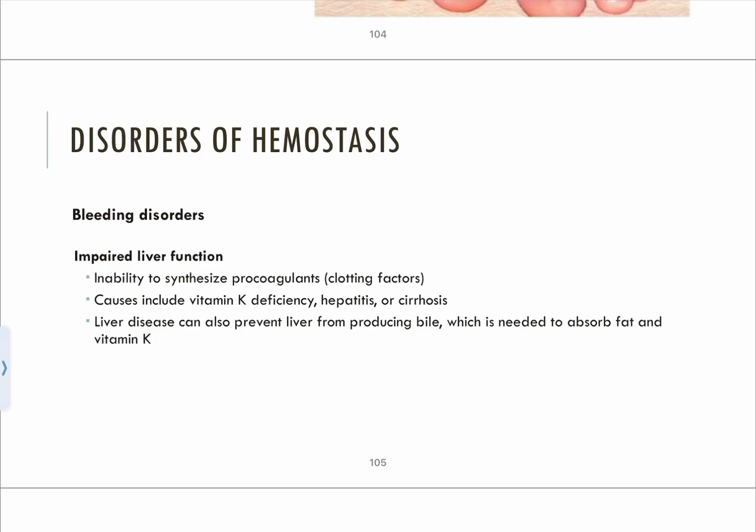And if you have liver disease, it can also prevent the liver from producing bile, which we'll talk about when we hit the digestive system, which is needed to absorb fat and vitamin K. So we definitely need vitamin K. It's essential in order to produce all of the clotting factors we need in order to form our platelet plug.